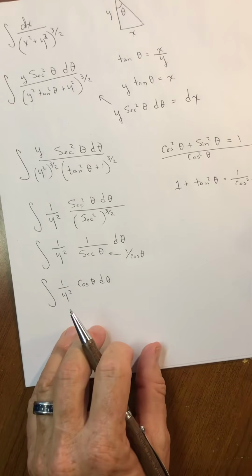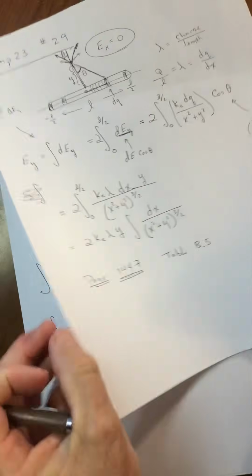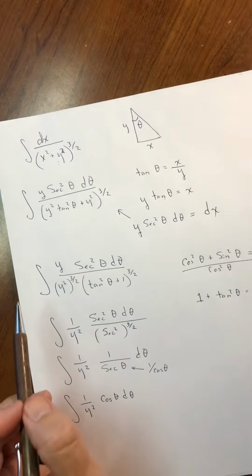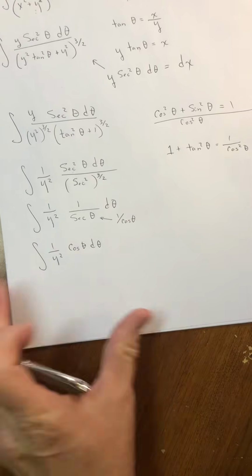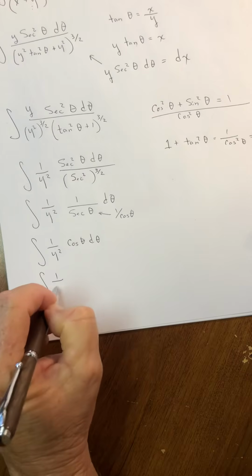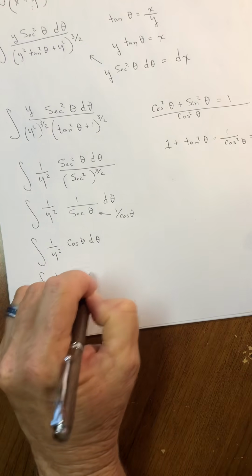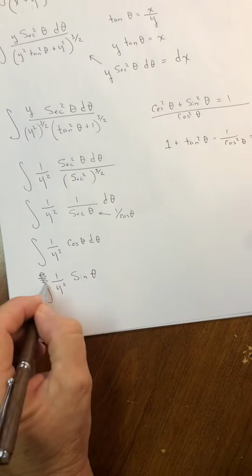And so what started off looking like a hard integral to do, or back here, after doing the trig sub, we got a very easy integral because the integral of cosine is just sine.